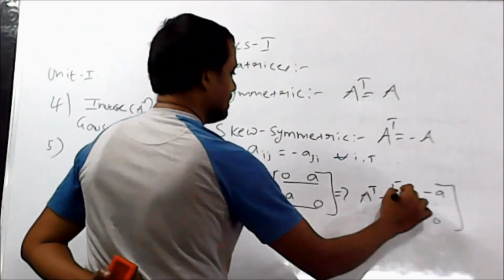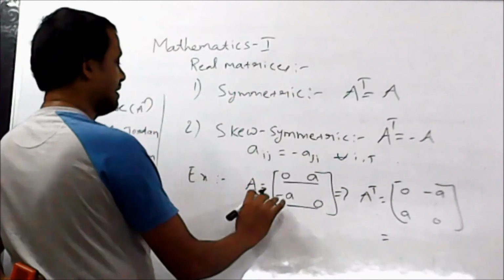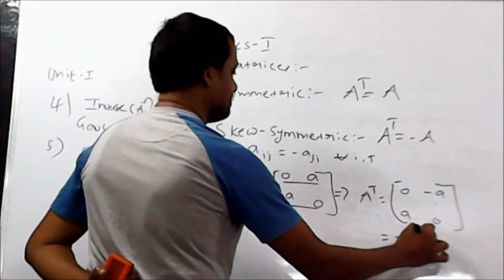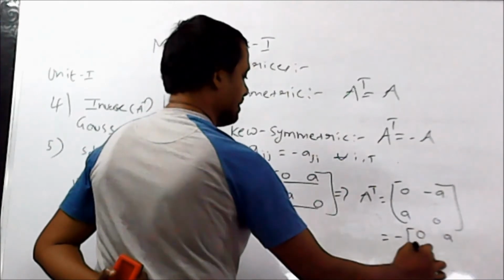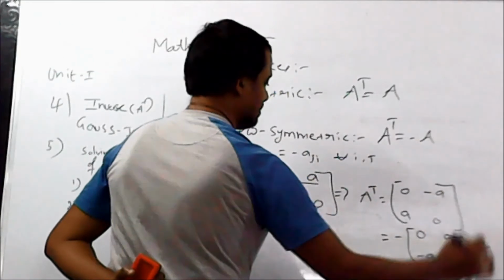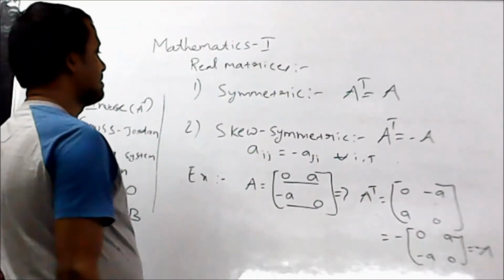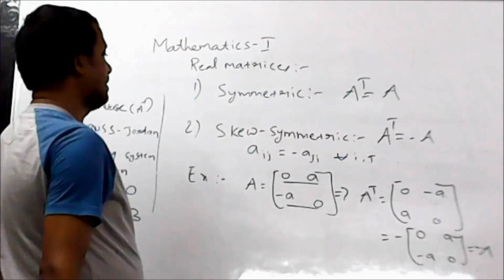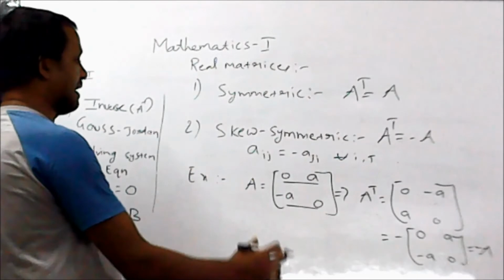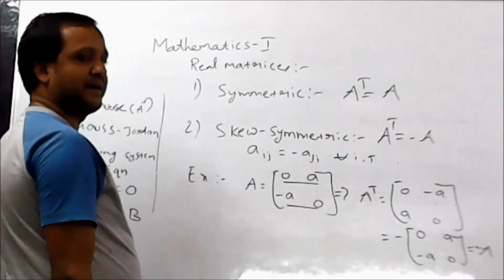What does it represent? It will not look like A, but if you take minus 1 common, 0 means 0, it becomes a here and minus a, 0. It represents minus A. So this matrix satisfies the property A transpose equal to minus A. We are able to write the transpose of the matrix as minus A. So that is called a skew symmetric matrix.